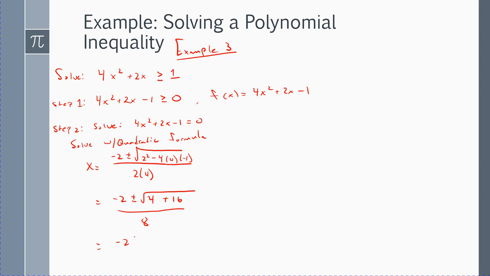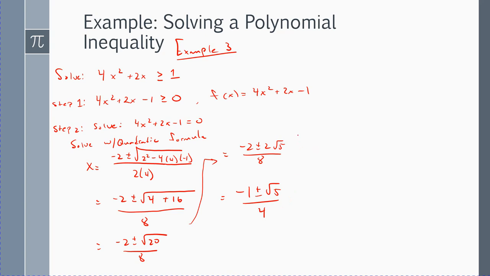So this becomes -2 plus or minus the square root of 20 over 8. Well, 20 you can break up as 5 times 4, so the 4 comes out as a 2. And then you can factor out a 2 and cancel, so you're left with -1 plus or minus the square root of 5 over 4.